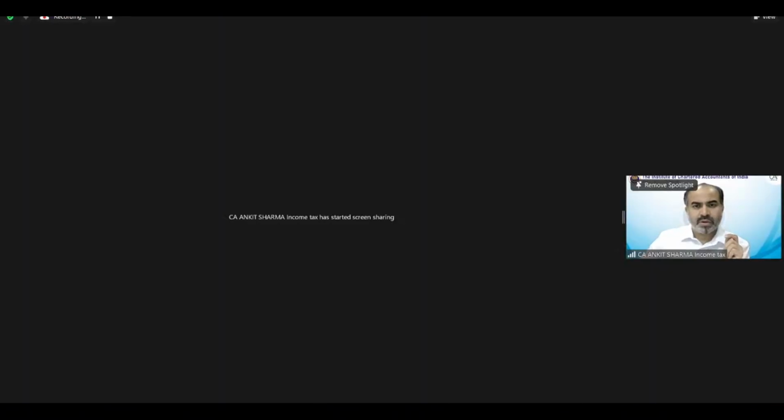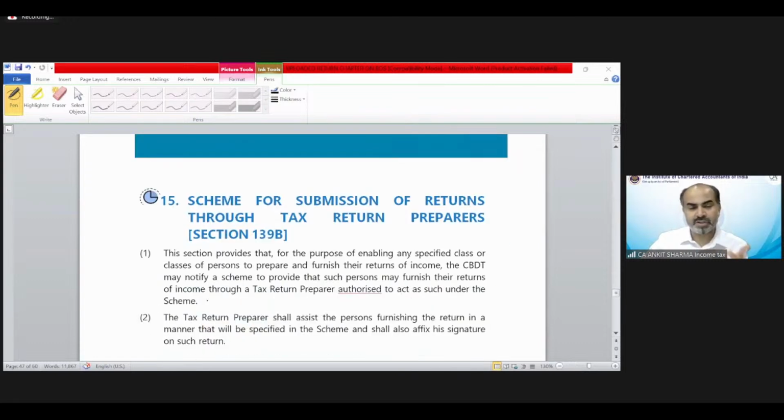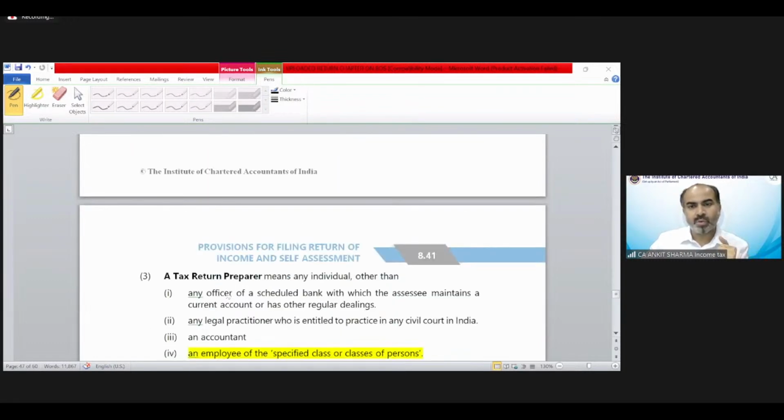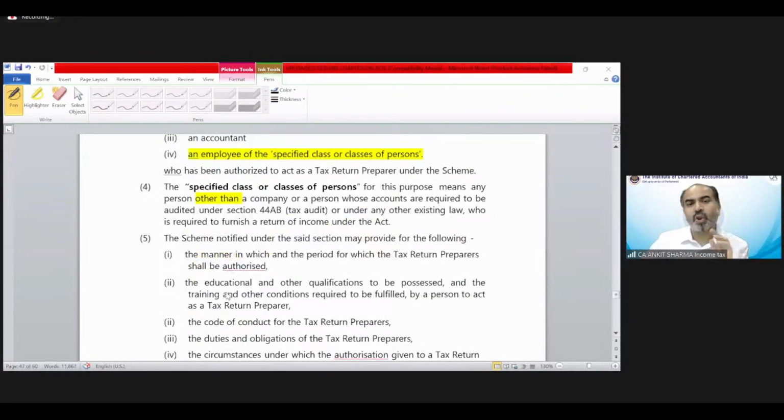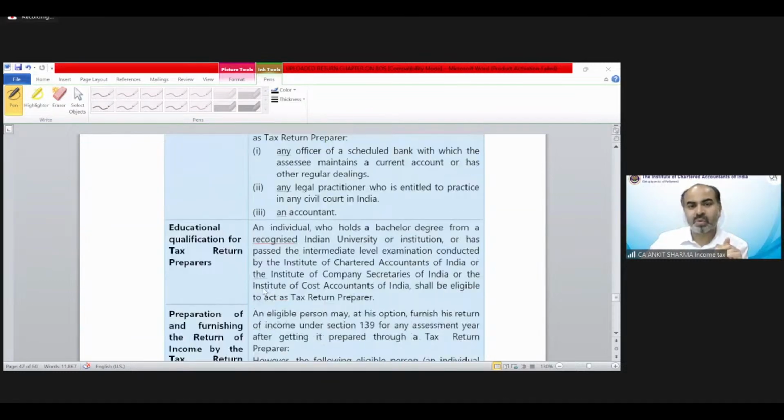If you want to see, I can show you the TRP provision also. Who can be a TRP? This is the provision regarding which the question has been asked in May 2023. Who can be a TRP, who cannot be a TRP, etc. These are the applicability, eligible person, tax return preparer, who cannot. What is the eligible qualification?